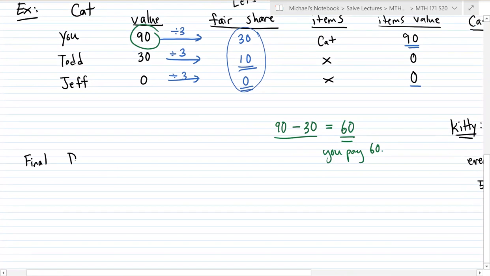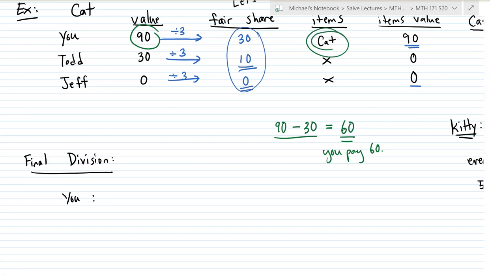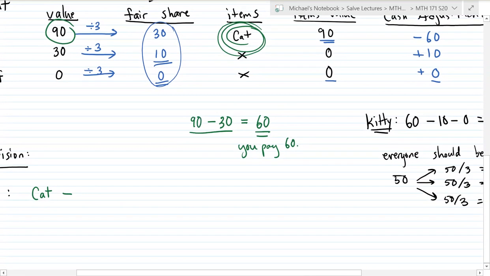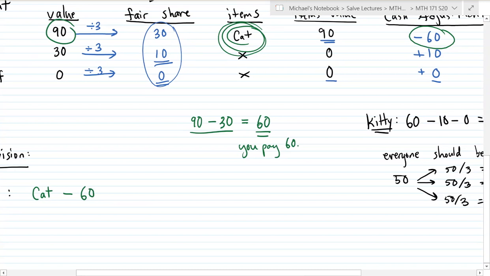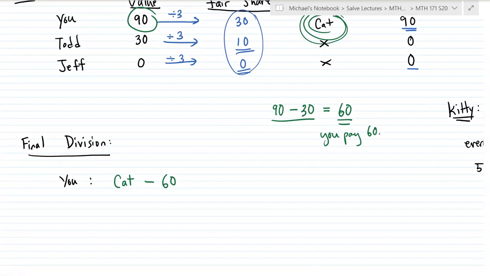Okay. So what's the final division then? Well, what did you get? Remember, you got your cat. You look in that item section, and you get that cat, but you had to pay $60 in your cash adjustment to get that cat. What did Todd get?